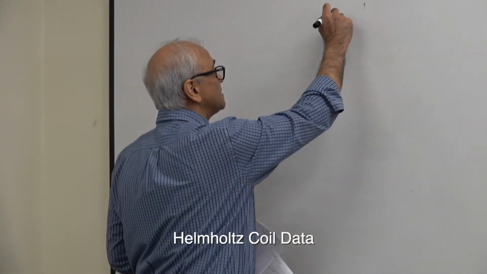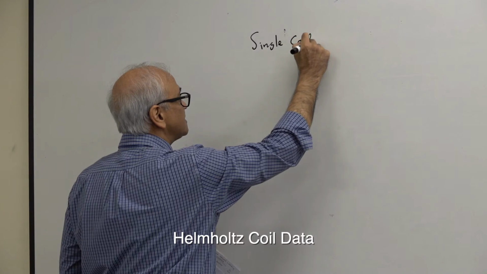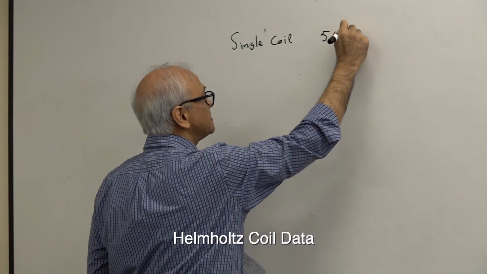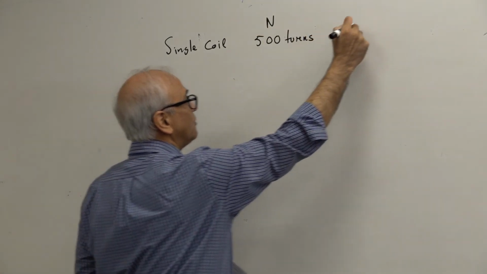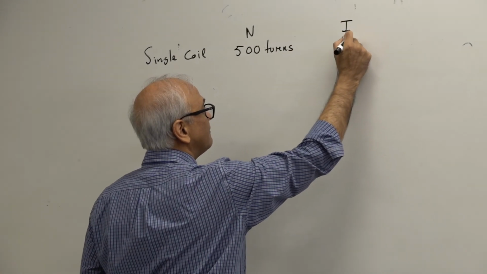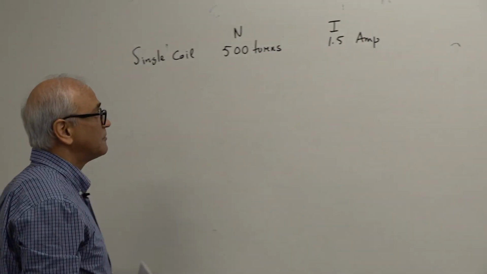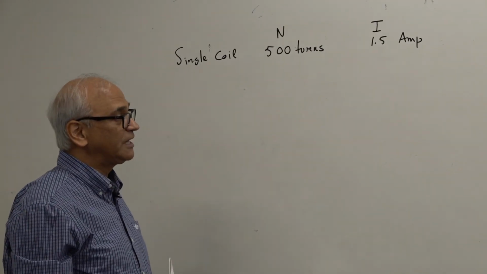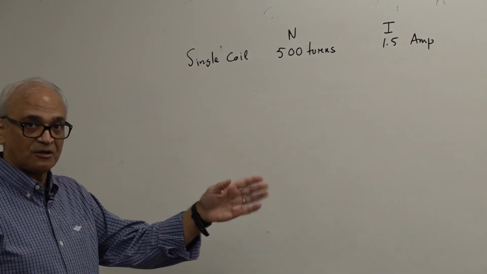We'll first start with a single coil, and we have 500 turns, so that's your N value, and your I value is 1.5 amp. That's enough information to figure out what the magnetic field on the axis should be.